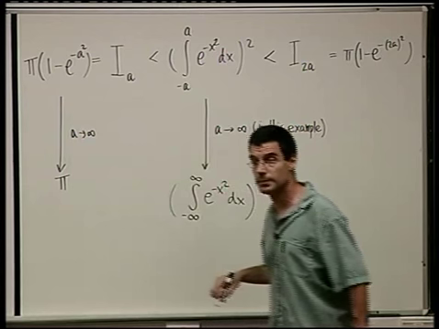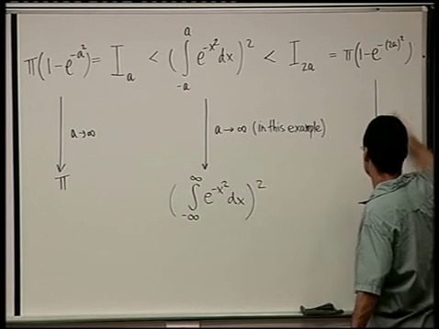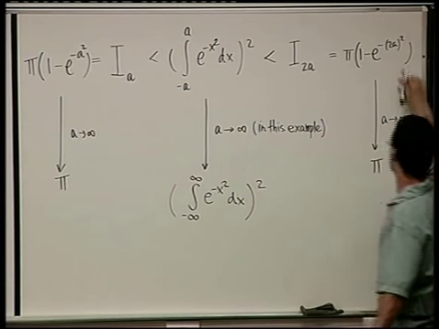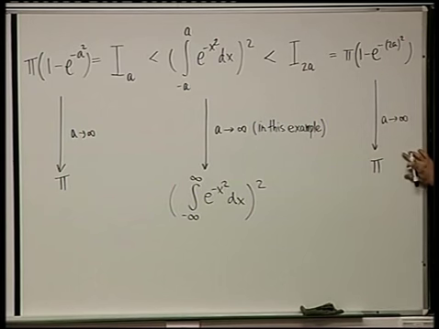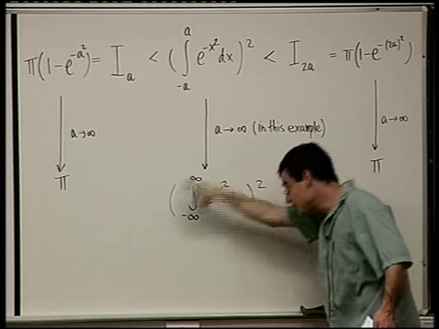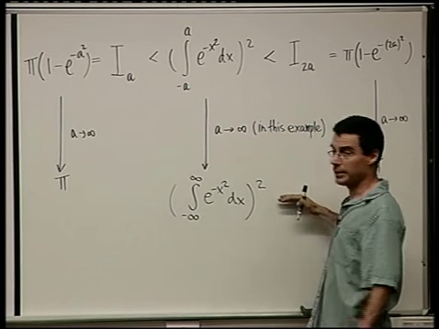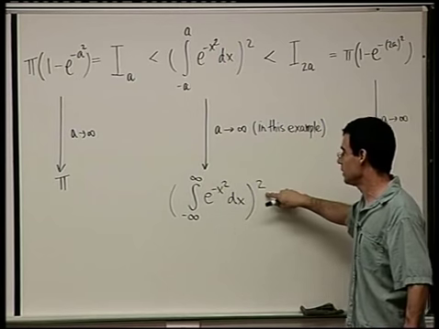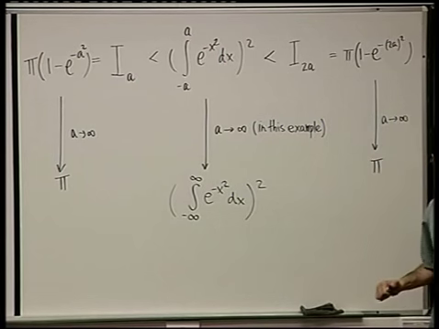Do you agree? But so does this. This still goes to 0, so this entire expression still goes to pi. Do you agree? Therefore, by the sandwich theorem, this thing equals pi. And therefore, the root of this thing equals the root of pi.